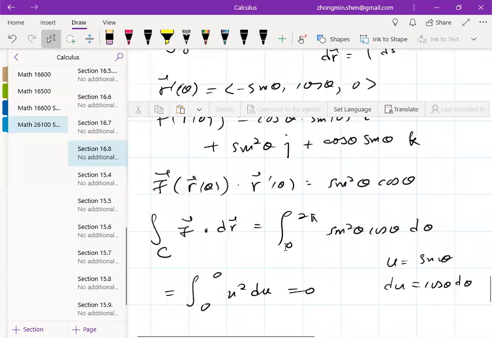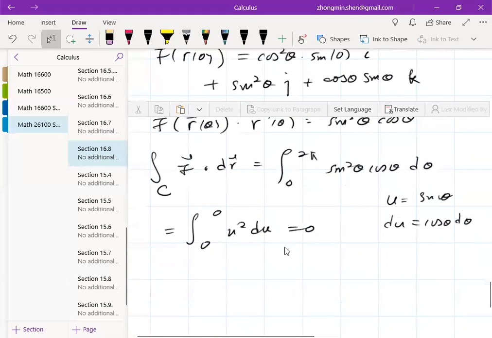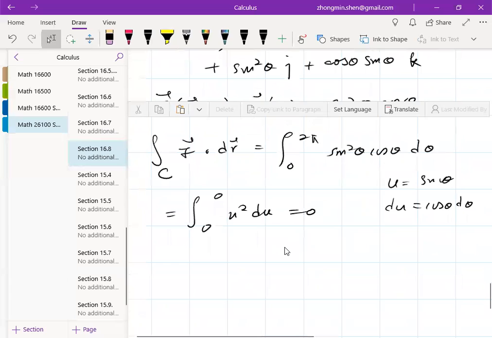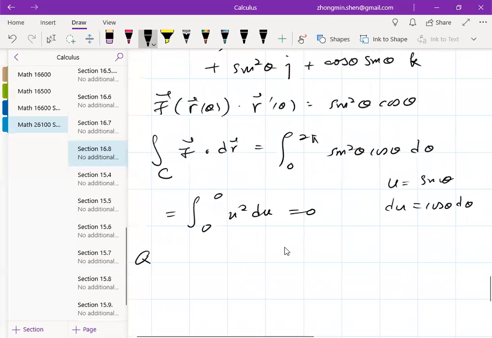You have to find dS. You have to find the cross product. You have to find the parameterization for the surface first, then the cross product of r sub u and r sub v. So it's not trivial, it's not simple.